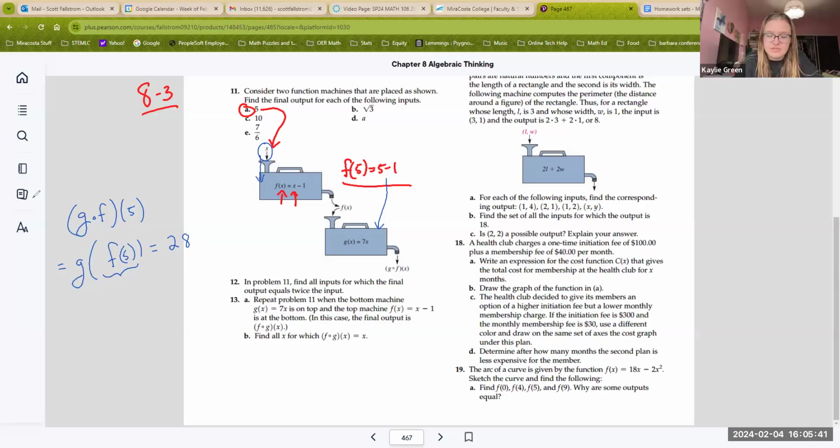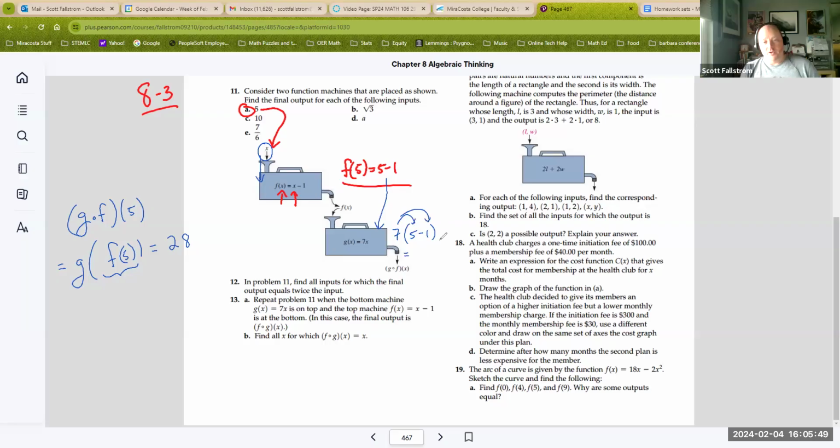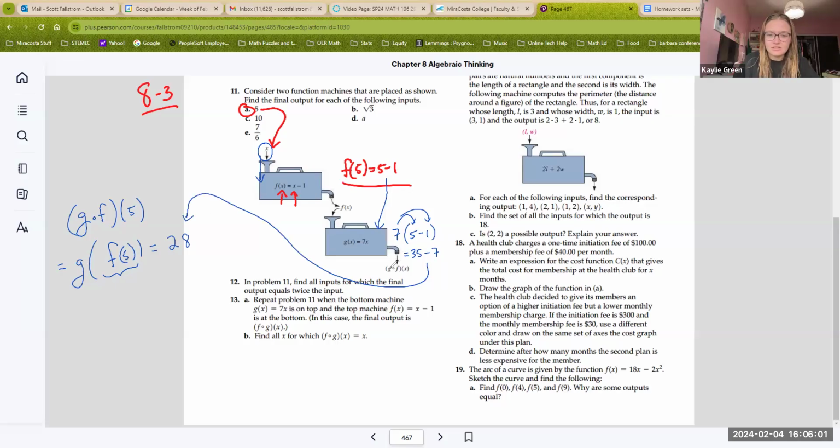You do 7 times, and then in parentheses 5 minus 1. Okay. Now, if we wanted to multiply this out, we could. And this is not surprising, but you get 35 minus 7, right? The distributive property. And guess what 35 minus 7 is? 28. Okay. But I want you to see you didn't have to simplify. You could have kept going.